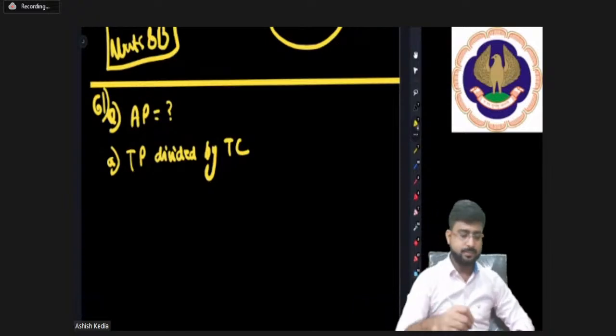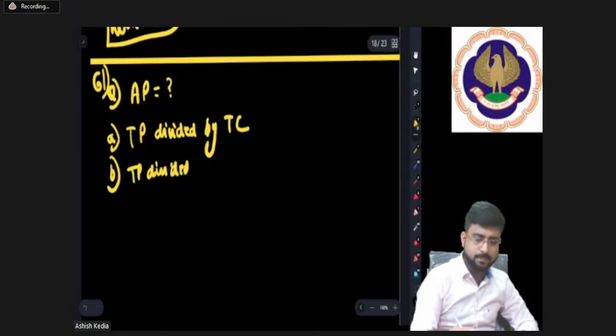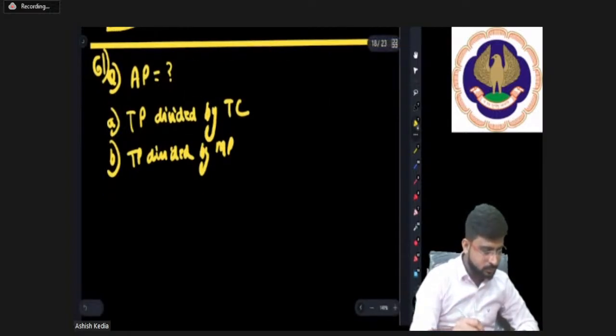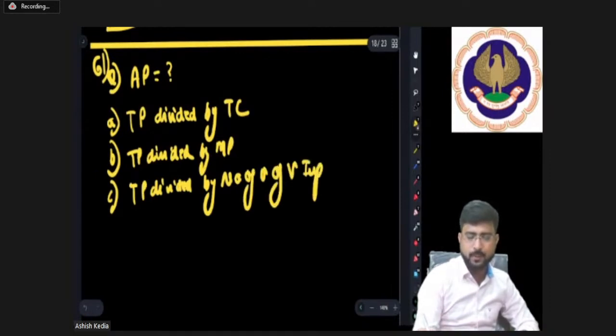Option B, total product divided by marginal product. C, total product divided by number of units of variable input. Option D, none of the above.